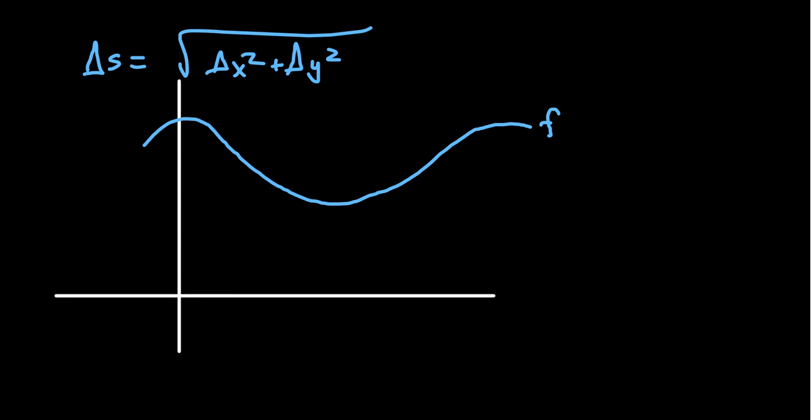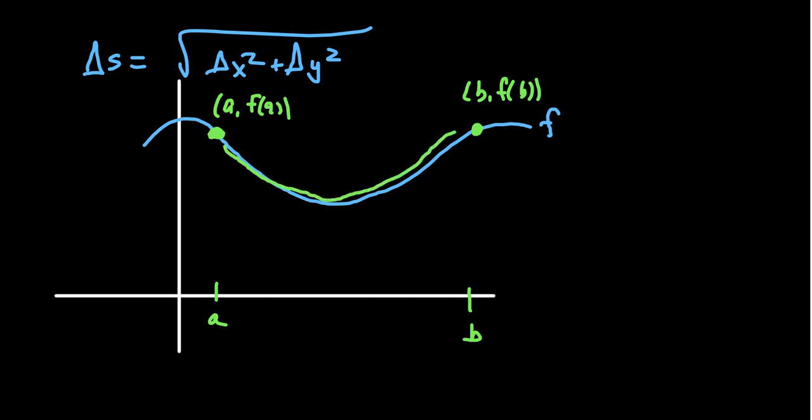So we're going to have a starting point A. We're going to have some ending point B. And so what we're interested in is we have this point A comma f of A. We have some other point over here, B comma f of B. Can we measure the distance from A to B along the curve f, right? What is going to be that distance right there?